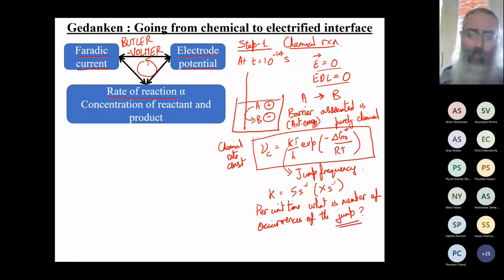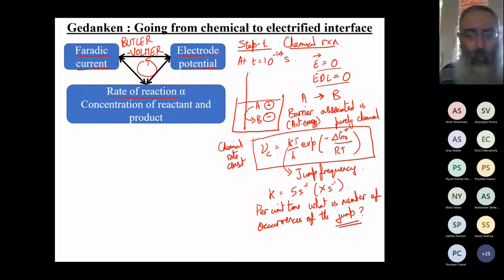Okay, please stop me at any point of time if this is not clear. Say, for example, if I say that some reaction has a rate constant of 5 per second, that means in 1 second there are 5 occurrences of either the reactant going to the product or the product going to the reactant.